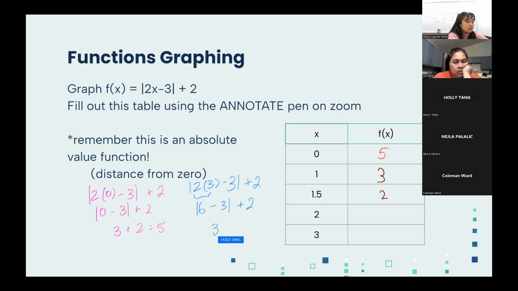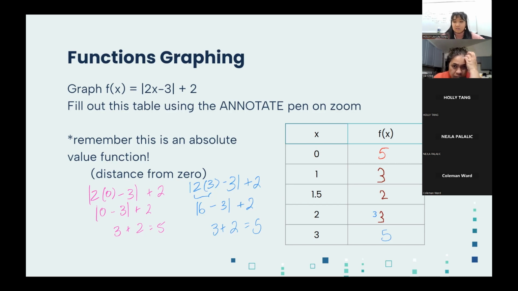So we have 3 plus 2, which is also equal to 4. Do we have any questions on how to solve absolute values? All right, sorry, 2 times 2 is 4. Okay, Evan's got it. Awesome. And awesome. Thank you guys.